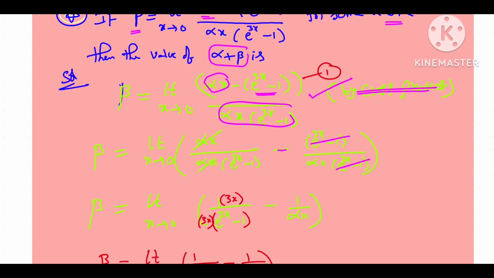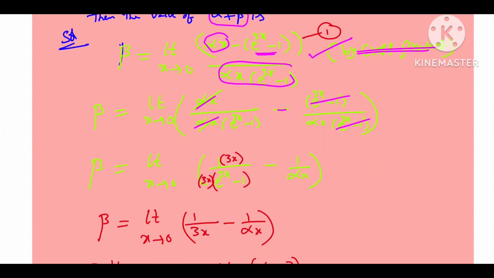What we get here: limit x tends to 0, 1 by e to the power 3x minus 1, here divided and multiplied by 3x. Why? Because we have one formula: limit x tends to 0, e power x minus 1 by x is equal to 1, so x by e power x minus 1 is also 1. So 3x by e to the power 3x minus 1, what is its value according to formula 1?